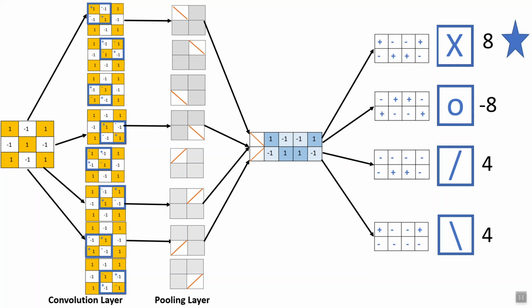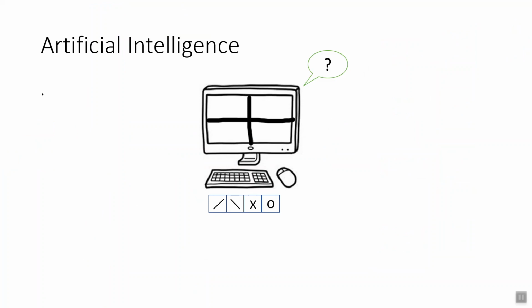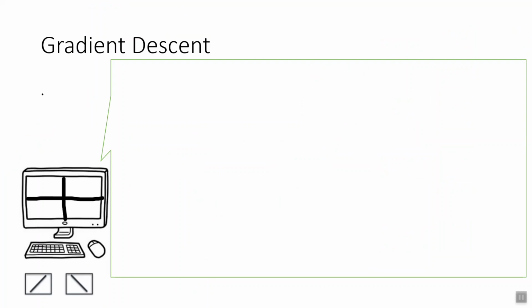So we have a question in mind: how are we going to figure out all these values, the filter and the fully connected layer? The computer cannot figure this out easily. So what it does is very similar to what we have done before, using gradient descent.